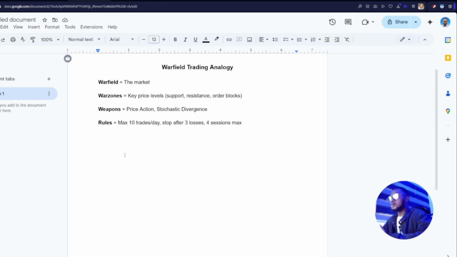The weapons I use in this fight are my price action, and I use stochastic to detect divergence, to know when a change in trend is coming.